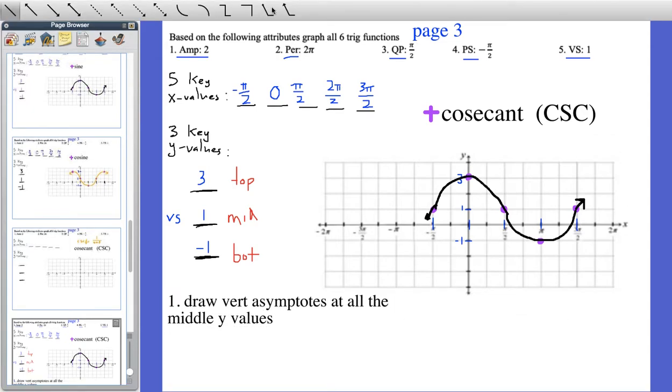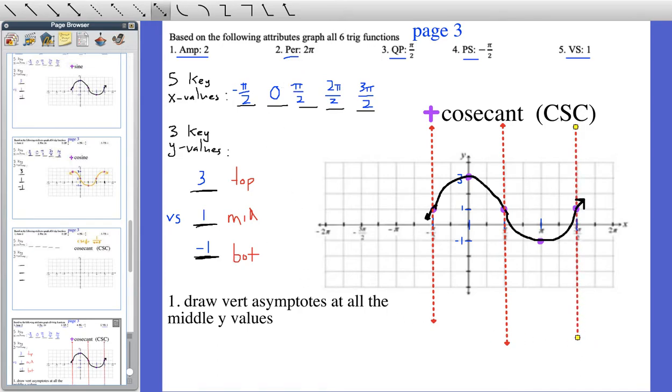I'll do this in red. So vertical asymptotes here, everywhere your sine curve crosses the middle y value. So all of those dots. So one there at x equals -π/2, one there at x equals +π/2, and one here at 3π/2.